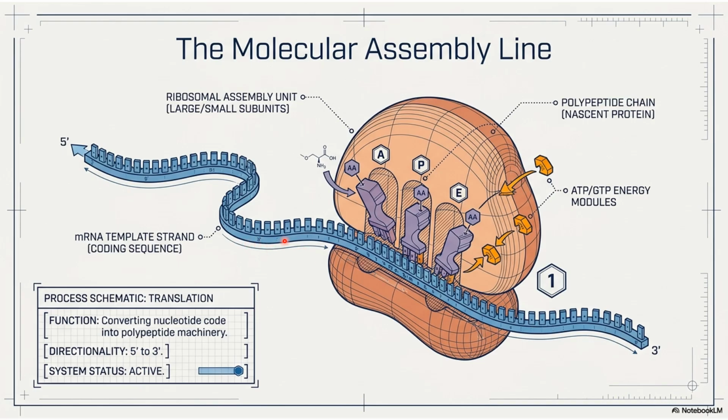and the direction in which the translation takes place is 5' to 3' direction, and this mRNA is read or interfaced by tRNA, transfer RNA, and this transfer RNA has an amino acid attached with that. So based on the code present here, it assembles the amino acids to form the protein needed.